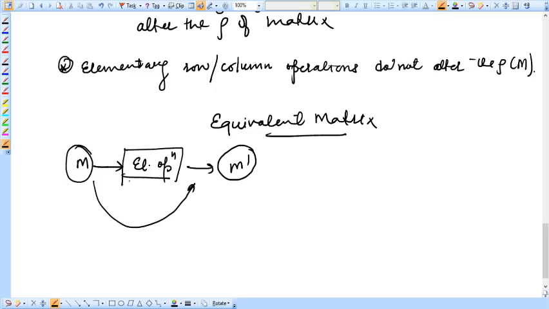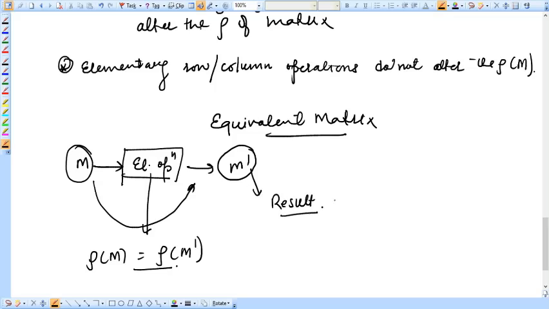As we told you right now, elementary operations do not alter the rank of the matrix. This means rank of M is equal to rank of M dash, and the order is also the same.